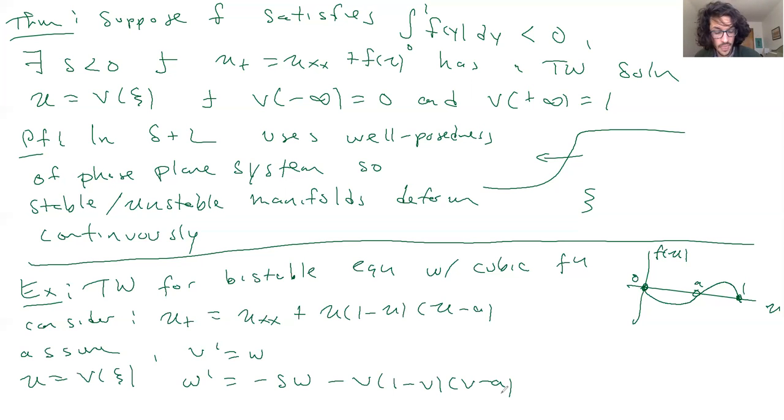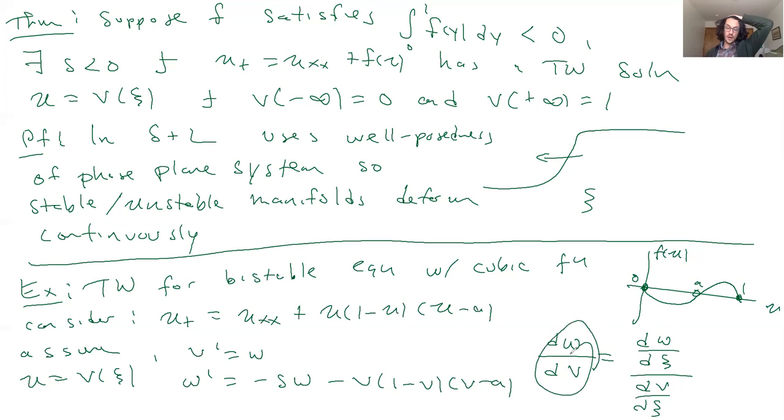So the trick that we can employ in this case, and this is sometimes used in two coupled nonlinear ODE models, is that we can say that dw/dv is equal to dw/dxi divided by dv/dxi, okay? So I can write a differential equation for dw/dv, okay?